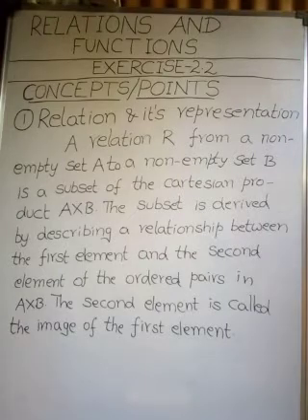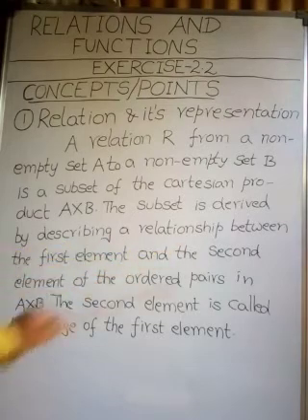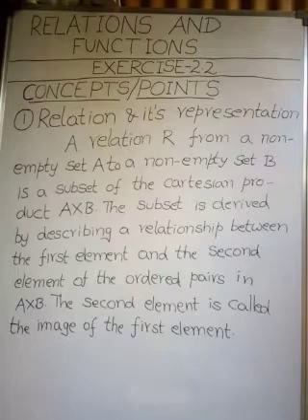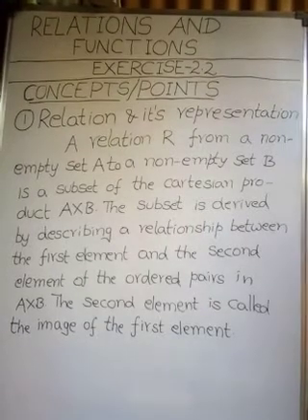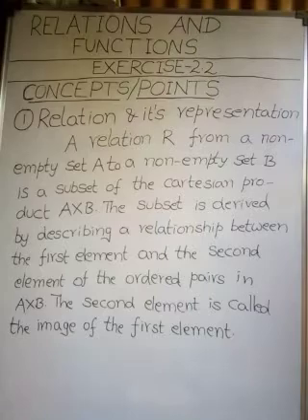In small brackets, we write first element, comma, second element. So here we describe a relationship between the first element and the second element. So we have to choose the ordered pairs which satisfy the given relationship between the first element and second element of the ordered pairs in A cross B.